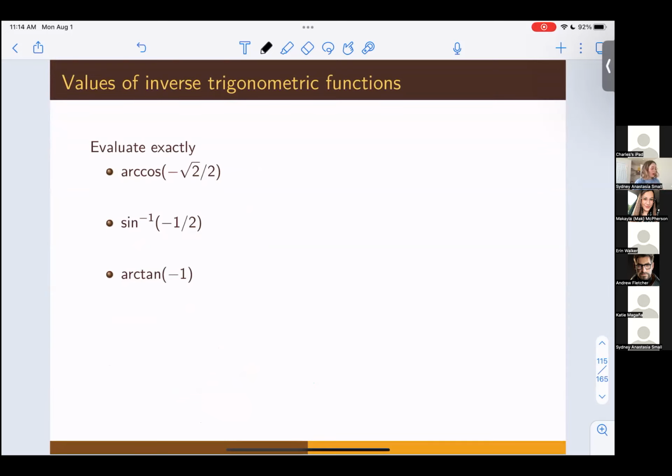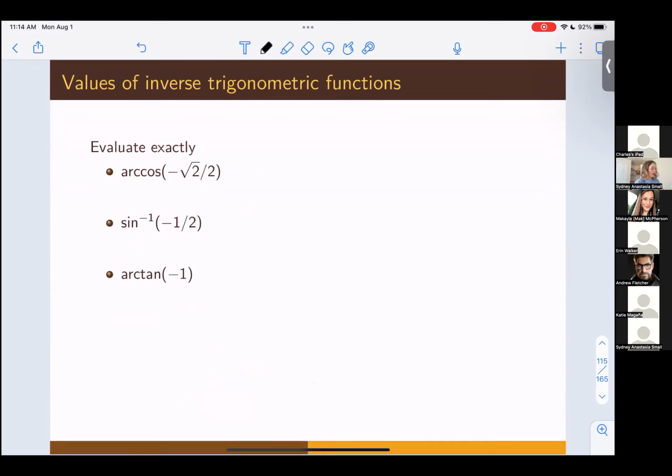So let's draw this out. If we remember from the last slide, what are my possible output values for the arc cosine function? Well, they're from 0 to π. They're where this red area is shaded. So I know that my output, for whatever this input is, is going to be somewhere up here. Now I know I'm working with an x coordinate on the unit circle of negative root 2 over 2.